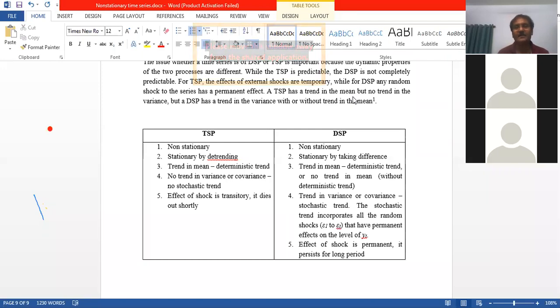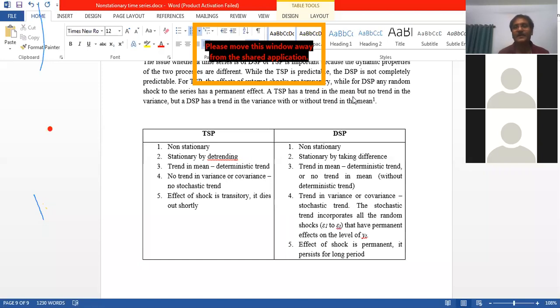But if the series is non-stationary without a unit root, in that case the series may deviate from its equilibrium, but this deviation will be purely temporary.